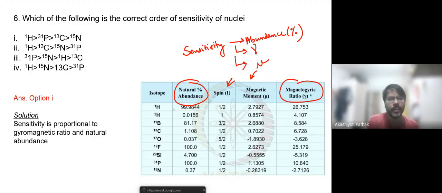That is why it comes next, then C13. The gyromagnetic ratio of nitrogen is negative, so you have to remember that N15 has a negative gyromagnetic ratio. So obviously the sensitivity of 15N will be the lowest. There is only one option where 15N has the lowest sensitivity, so option one is correct.